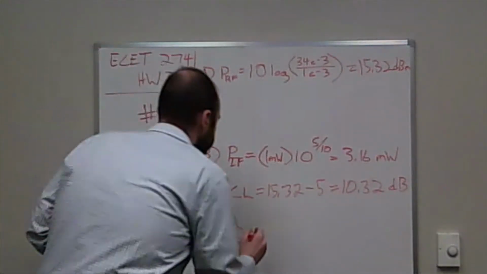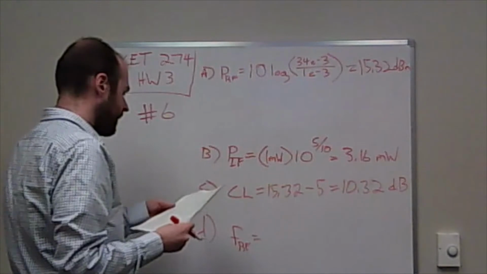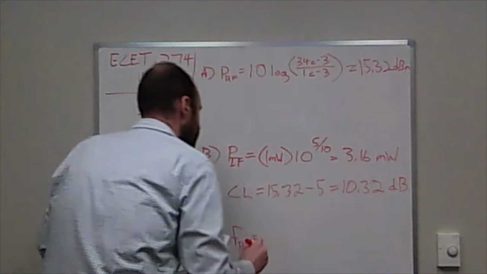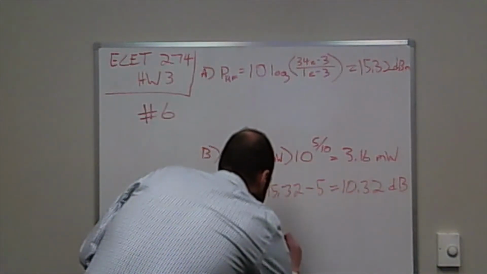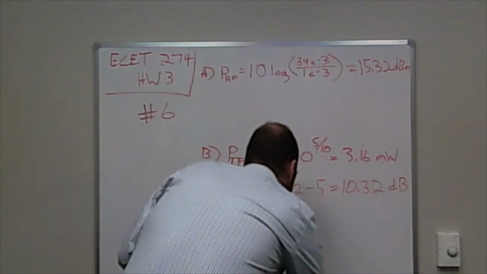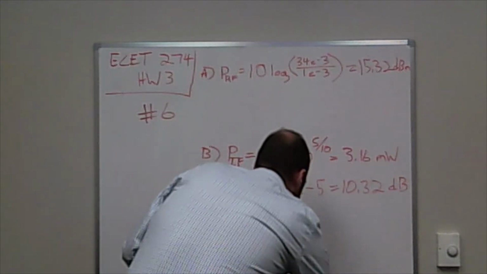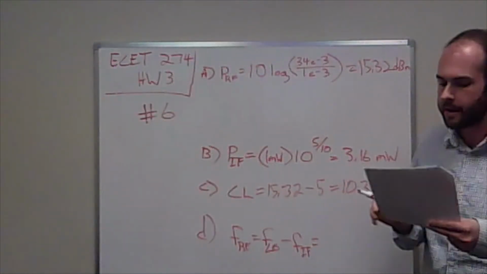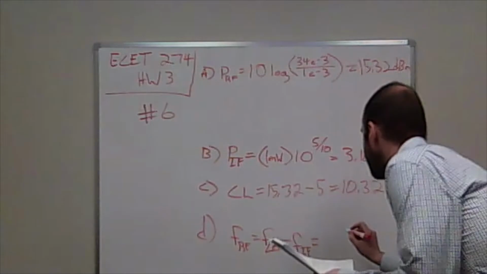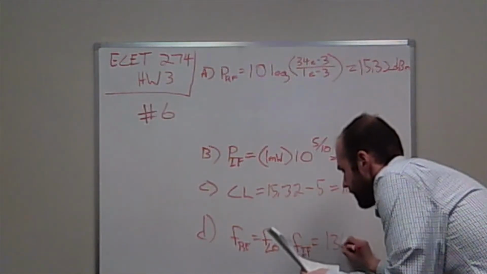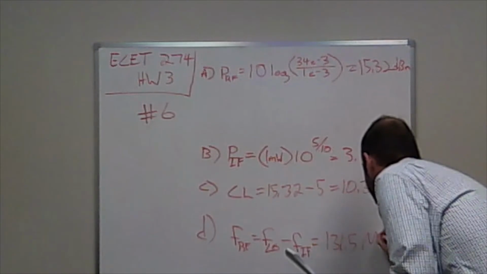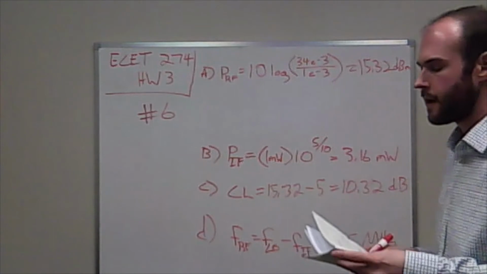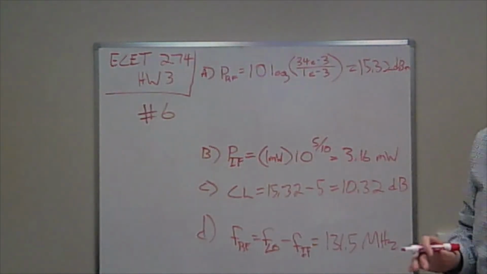So rearrangement of our high side injection formula gives us our frequency of the RF is equal to frequency of the local oscillator minus the frequency of the IF signal. Plug those in from what's given. It's 147 megahertz minus 15.5 megahertz. And we end up with 131.5 megahertz for the high side injection RF signal frequency coming in.